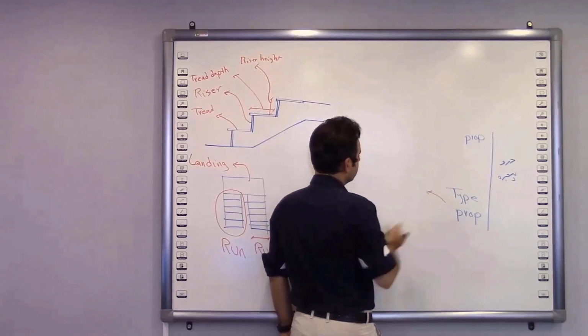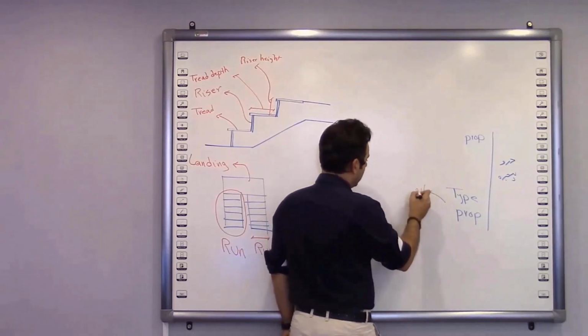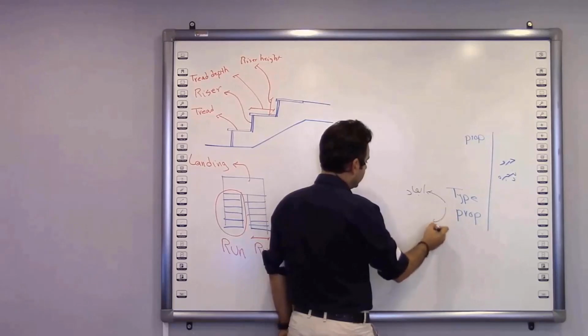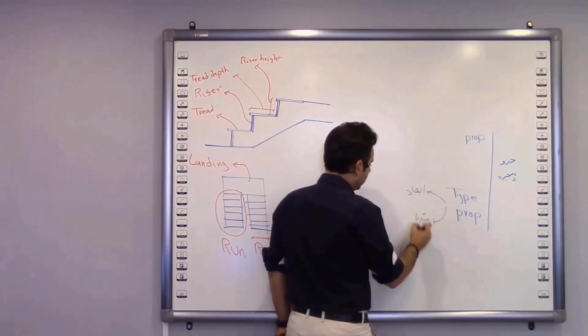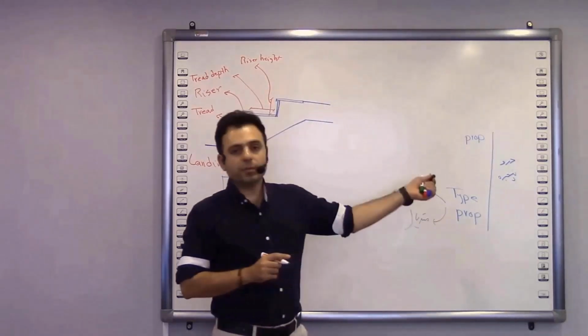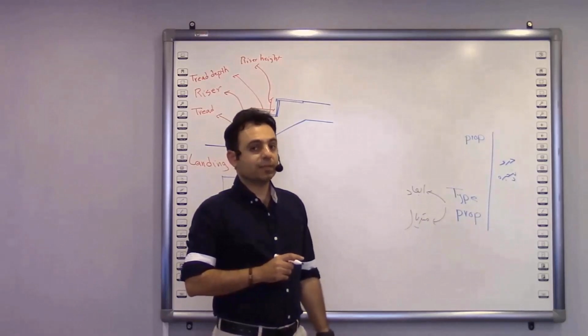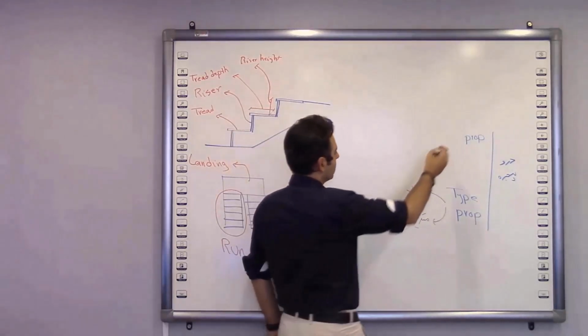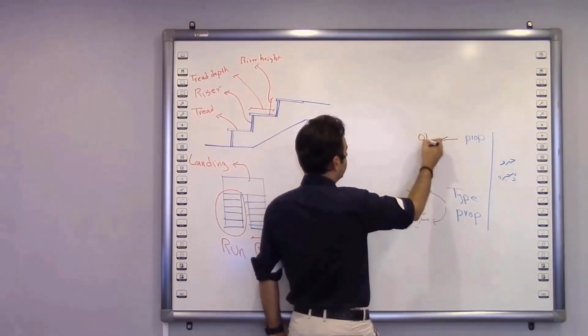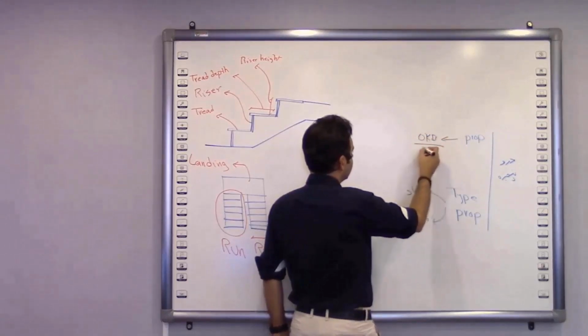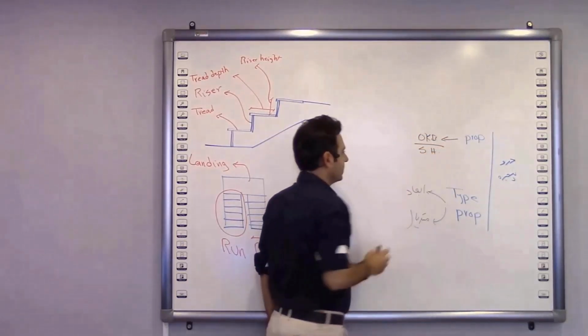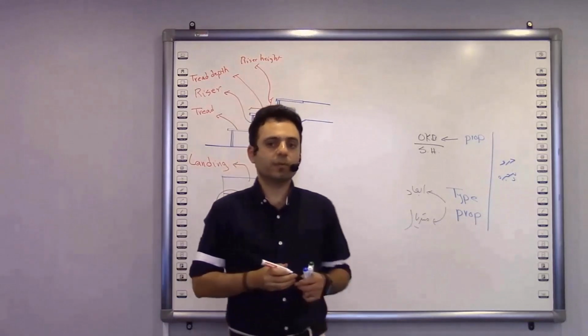For example, in type properties, that's right, we had dimensions and also materials. But what do we have in properties? That's right, sill height. We have this in properties too.